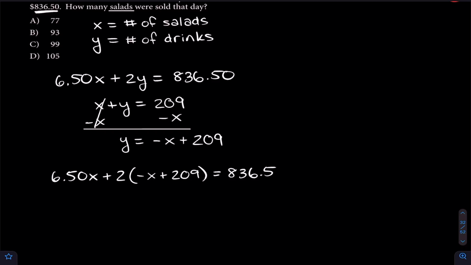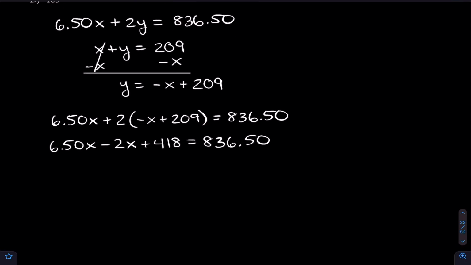$836.50. Now that we have that, we can do a little bit of distributing with that 2. 2 times negative x is negative 2x, and 2 times 209 is 418, and that's equal to $836.50.